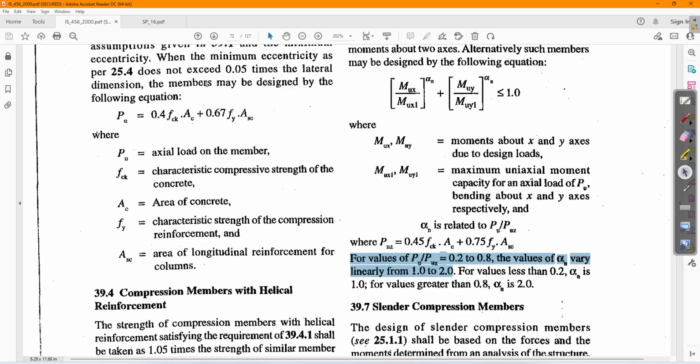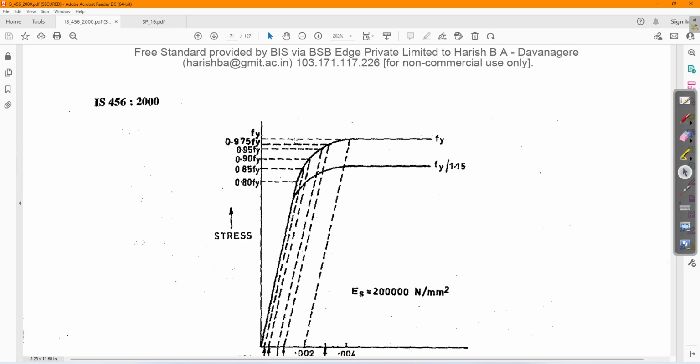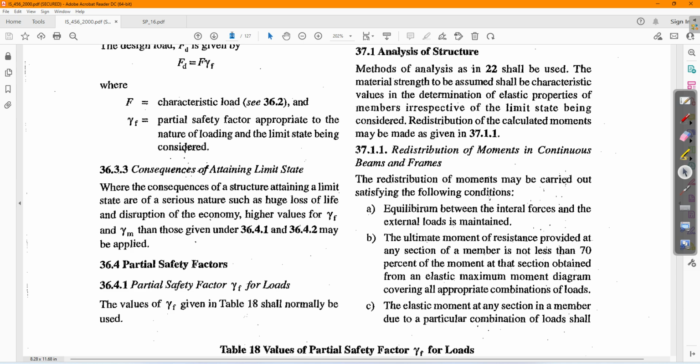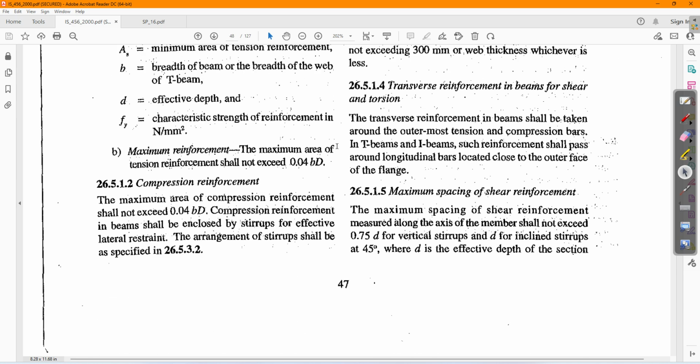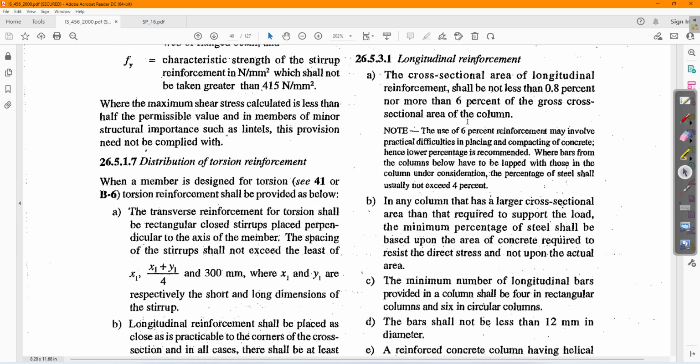So let me open the code, page number 48. See here, 26.5.3.1 longitudinal reinforcement. The cross-sectional area of longitudinal reinforcement shall not be less than 0.8% nor more than 6% of the gross cross-sectional area of the column.